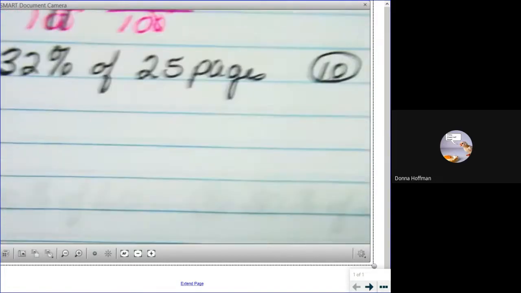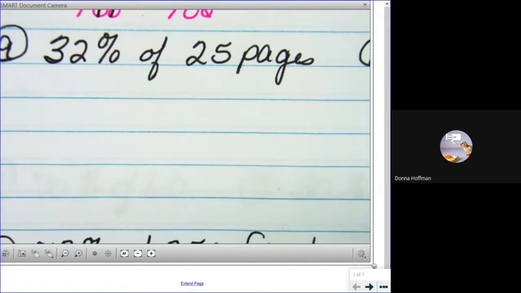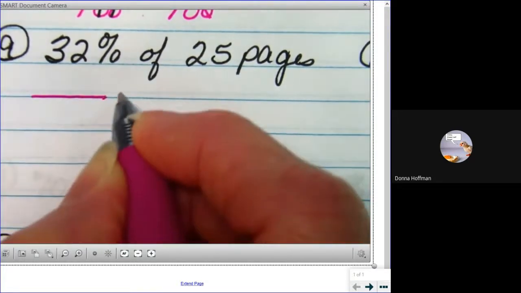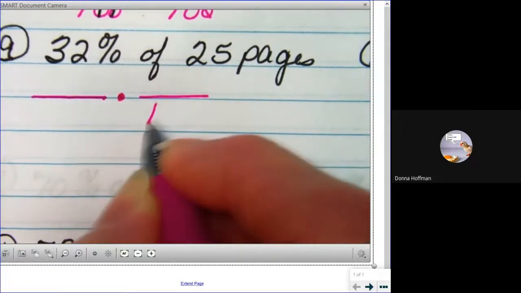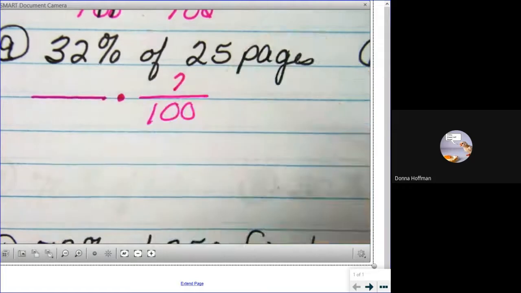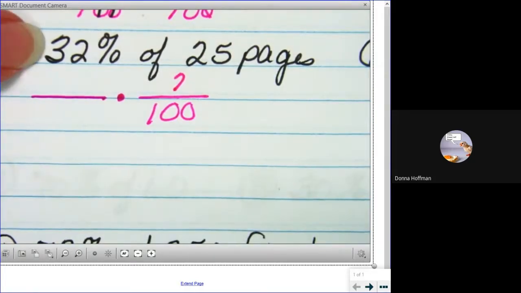Okay, so 32% of 25. You can set it up. Bradley, where's the 32 go? Where's the 25 go? 32 goes on top, but okay.